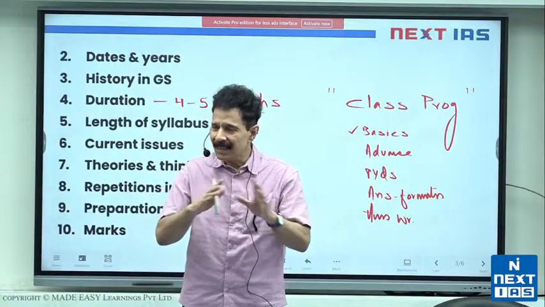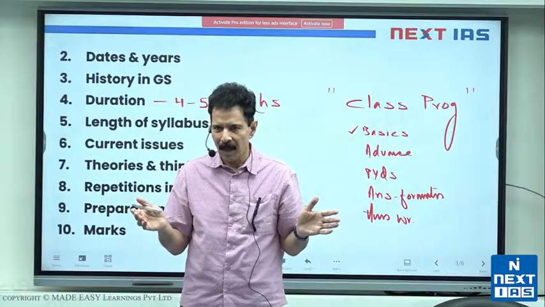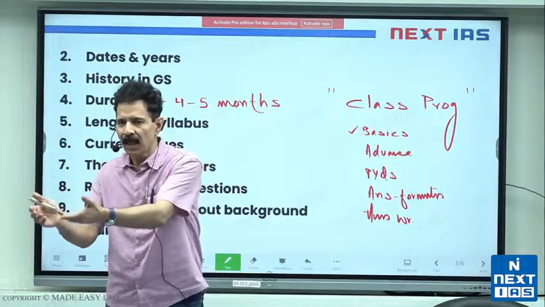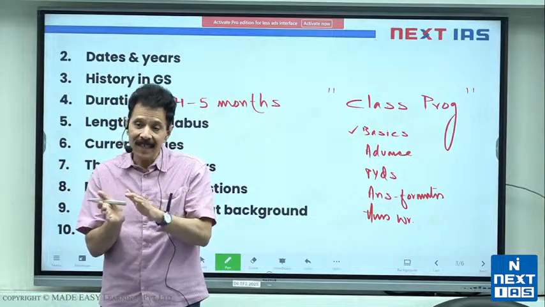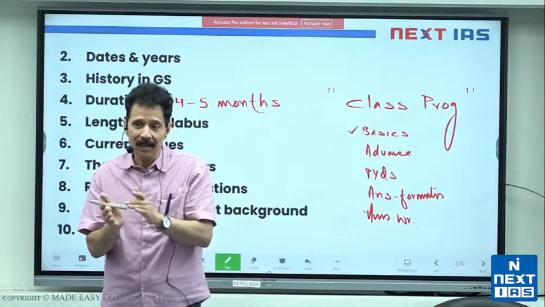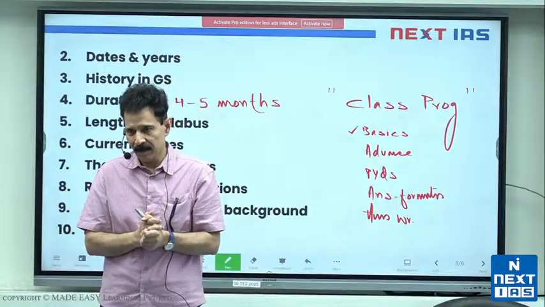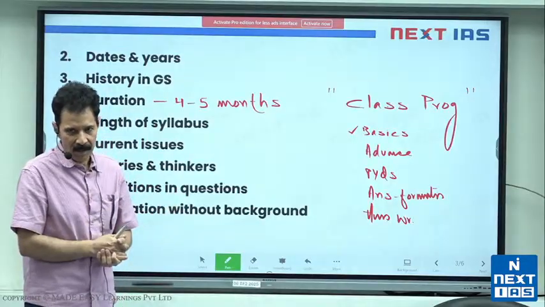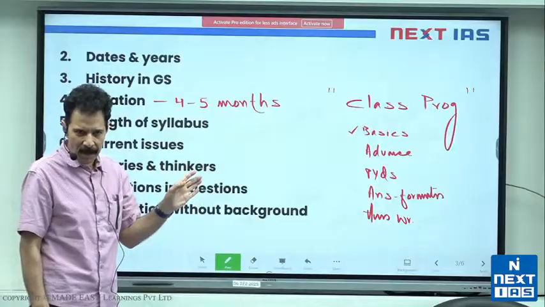You don't need any test series, you don't need any class test, you don't need anything else. After completion of the course, you just have to sit and revise and produce in the exam, and so many questions would be there. So it takes extra time because this is beyond just finishing the course. So it becomes about 6 months. Otherwise, it is 4 to 5 months for every optional subject.